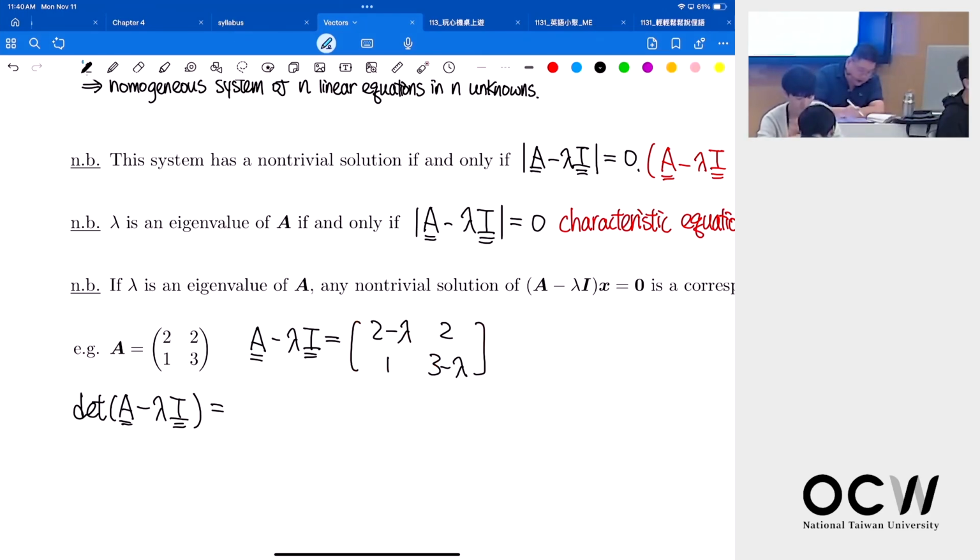We get lambda minus 1 and lambda minus 4. We also call this the characteristic polynomial.